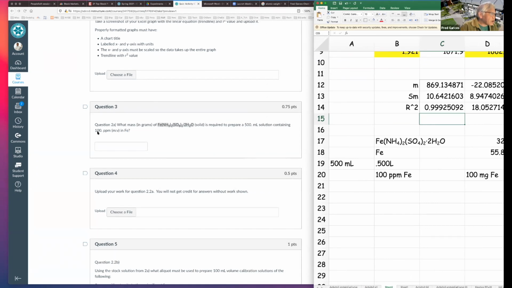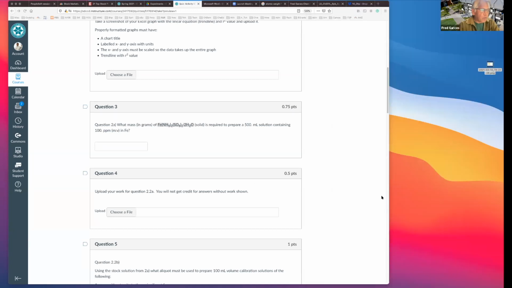You're going to prepare a 100 ppm solution of iron, but your iron comes from this source, so you need to know the molar mass of this and the atomic mass of iron, because you're going to take the 100 ppm of iron.